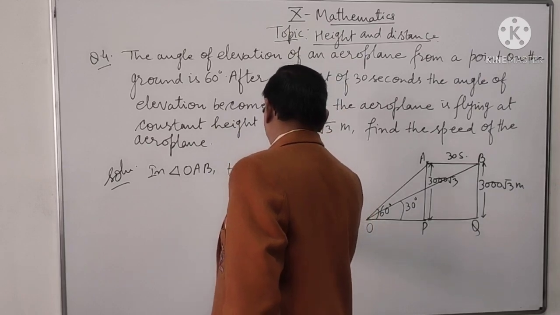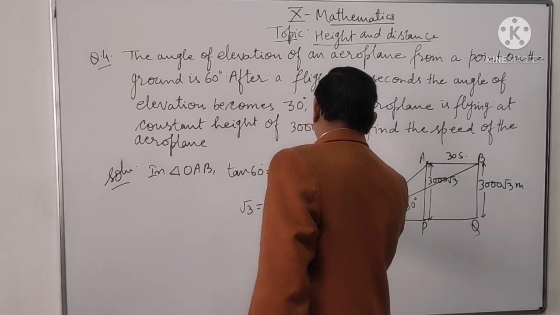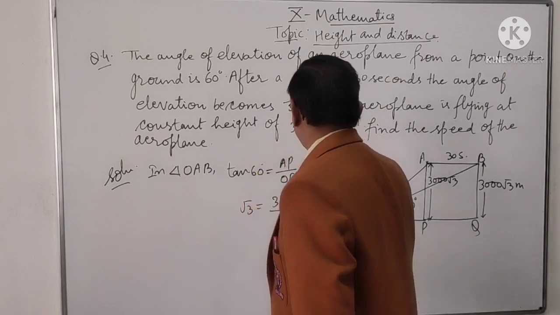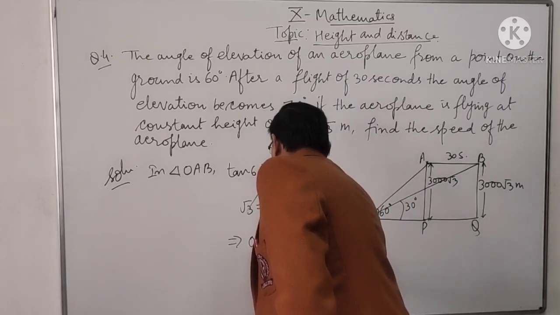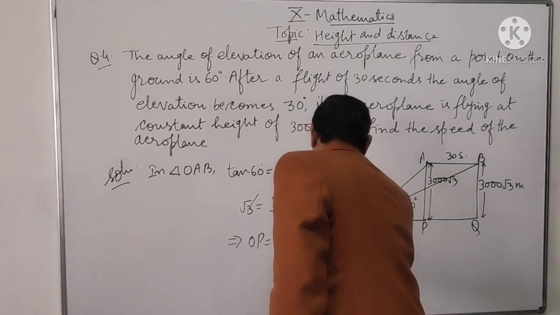Tan 60 is root 3. AP is 3000 root 3 upon OP. So root 3 cancels. From this we will get OP, which is 3000 meters.